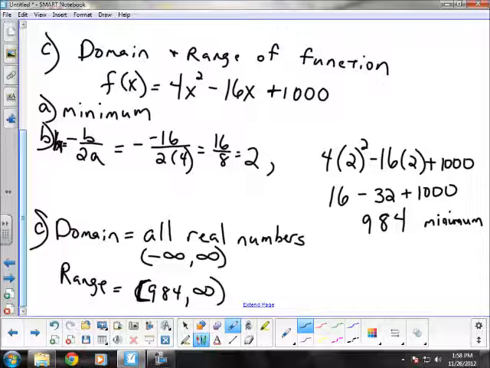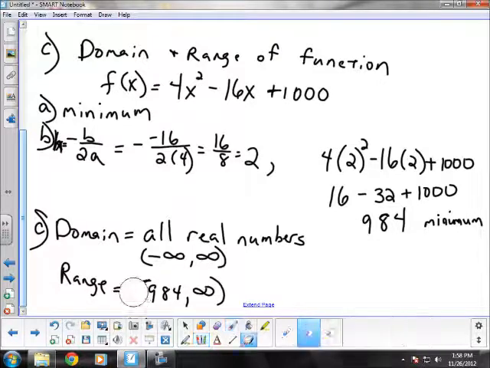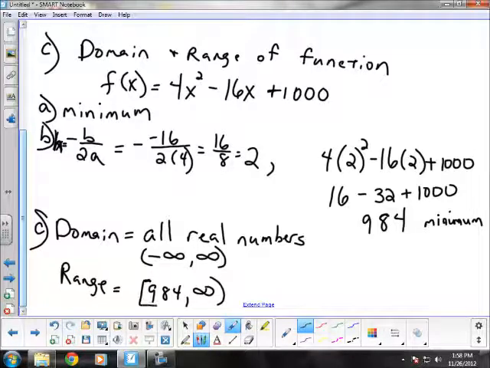Okay. Just fix that, so you don't have any questions later when you look at it. Okay? So if it's a minimum, then that number is going to go at the beginning of the interval. If it were a maximum, it would go at the end. Okay? So any questions about that?